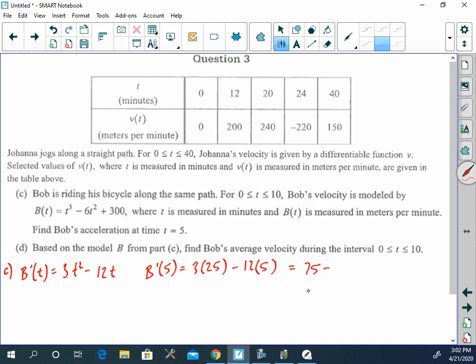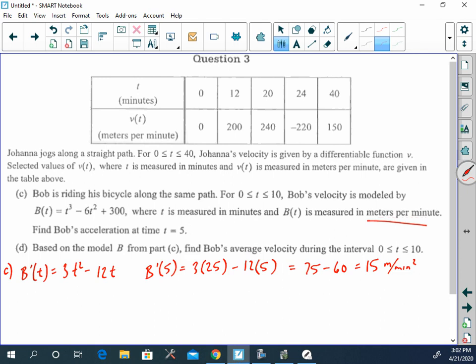I got 75 here minus 60, so 15. And if we needed a label for that, this is an acceleration. So this was in meters per minute, so this would be in meters per minute squared. Not that we need a label there, but that would be our label.